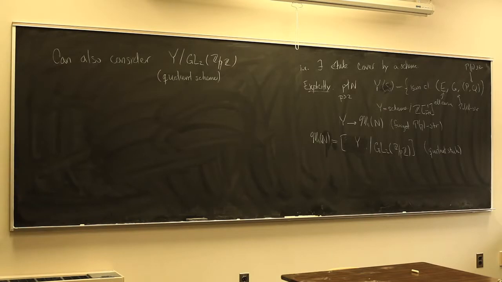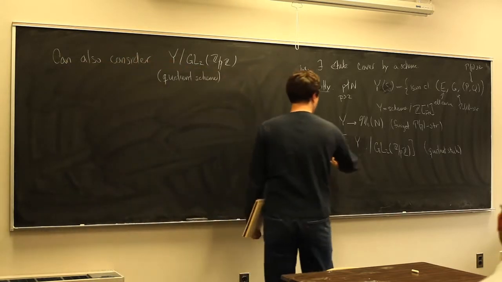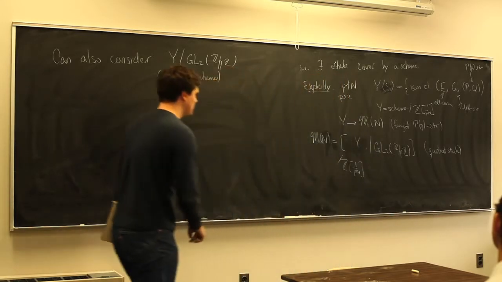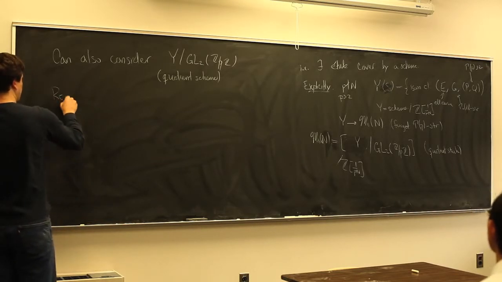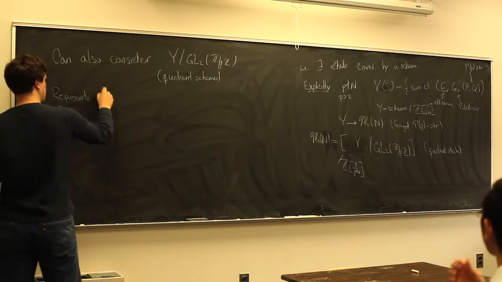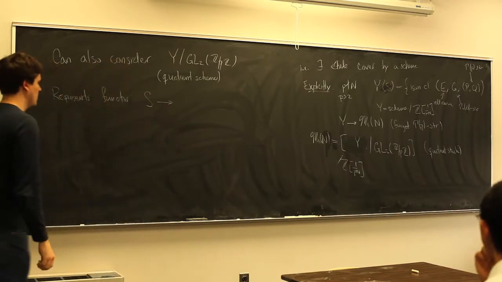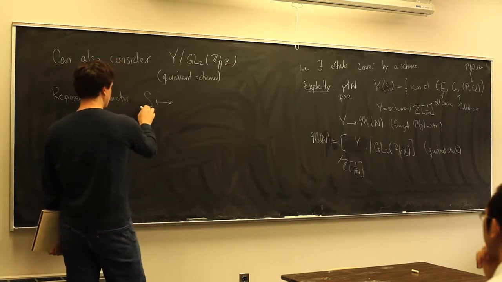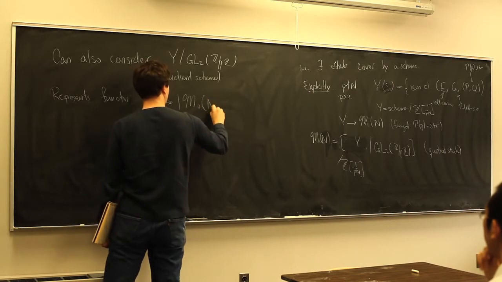And sorry, again, this is just over Z adjoin 1 over pn. You have to invert this p that you're using for Y, it's auxiliary structure. Okay, so this thing is the quotient scheme, and you can show that this represents the functor which sends the scheme S to the set, well, okay, I'll say something wrong first and then fix it. So you could consider the functor that sends the scheme S to the set of isomorphism classes in M_0(n) of S.